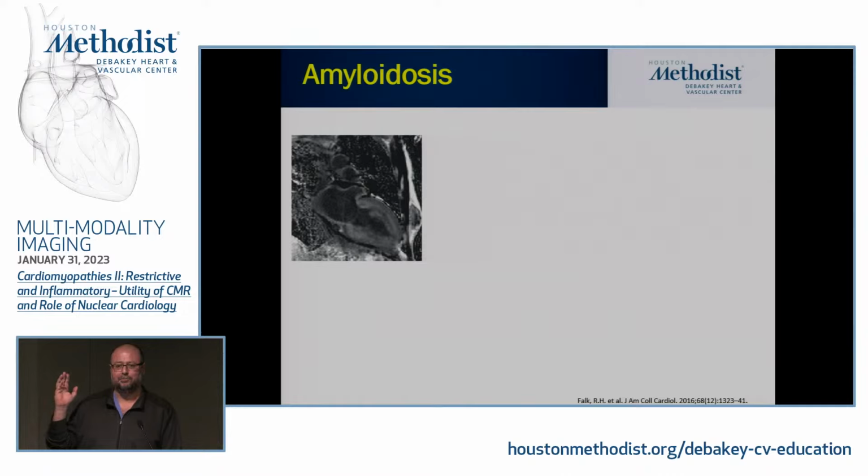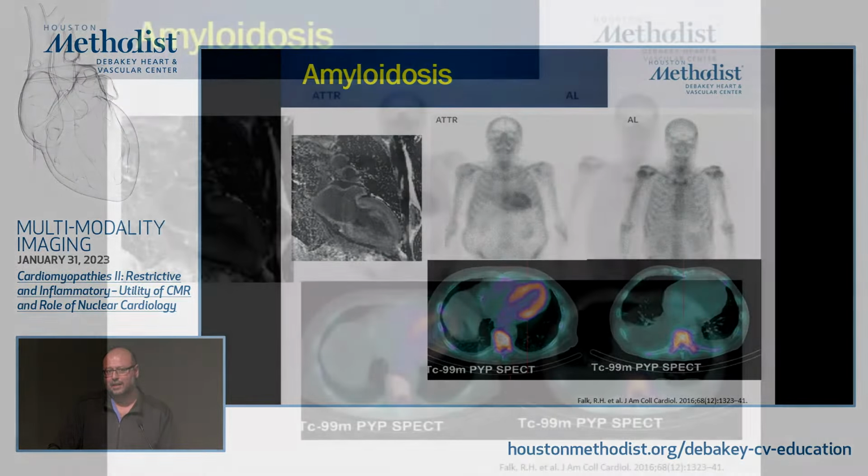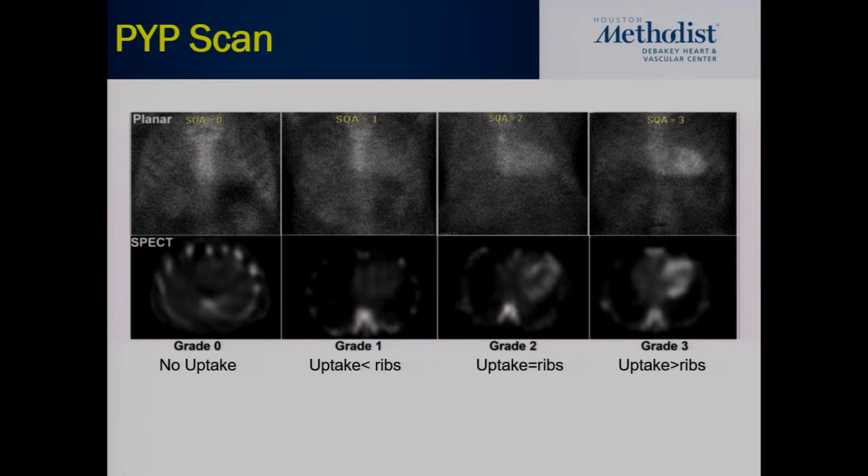You have your typical strain pattern, typical wall thickness, or typical LGE pattern on MRI, and now you want to know, is this patient going to go for chemotherapy, or am I going to put them on tafamidis? This is where PYP imaging comes in to make that distinction. If you see PYP uptake, then this is ATTR amyloid.